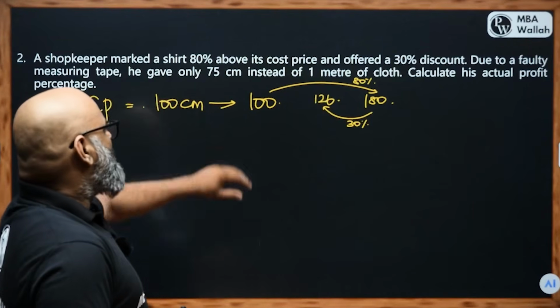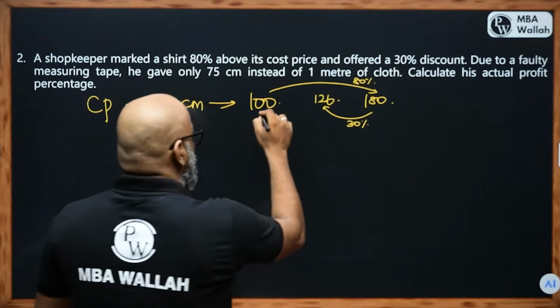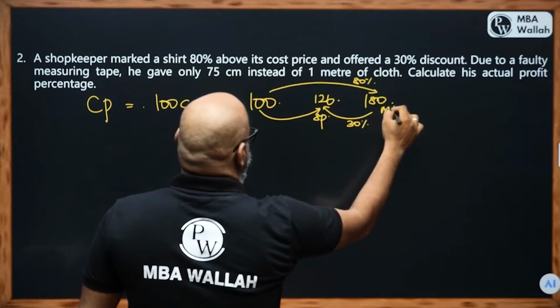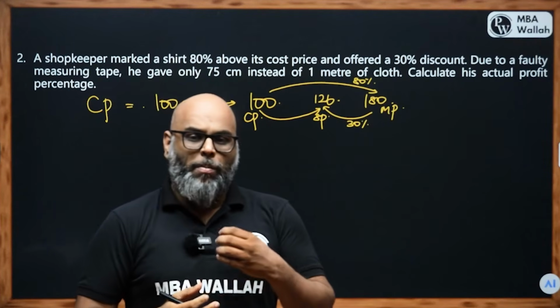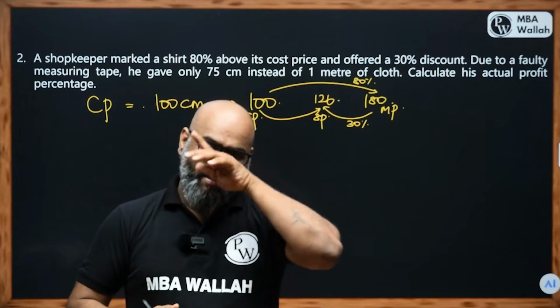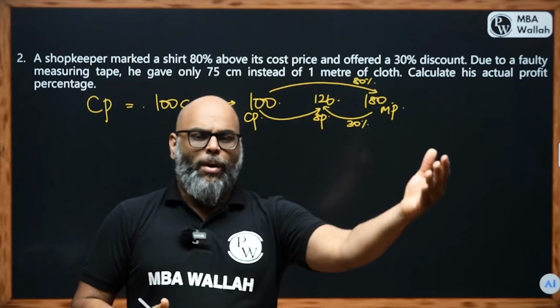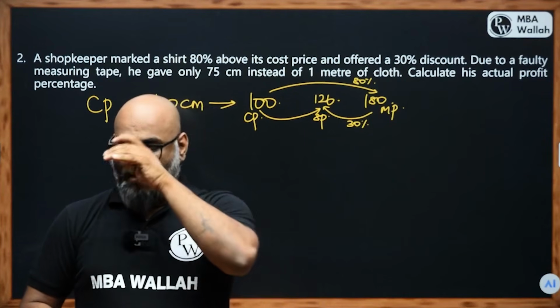So he buys for 100 rupees, his investment is 100 rupees, but his selling price is 126 rupees. This is your marked price, this is your cost. So he's invested 100 rupees for every 100 centimeters that he buys, and every 100 centimeters he would have sold for 126 rupees to make 26% profit.